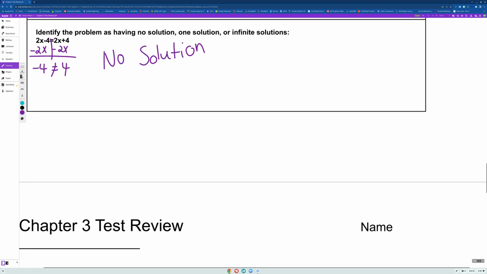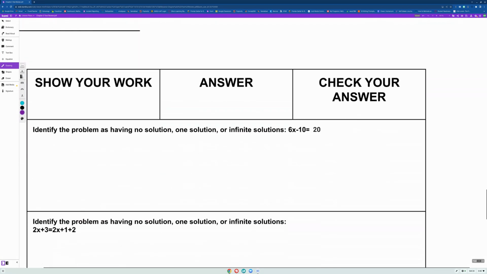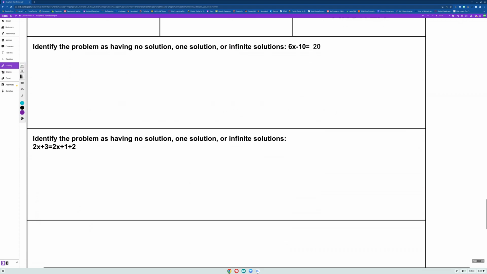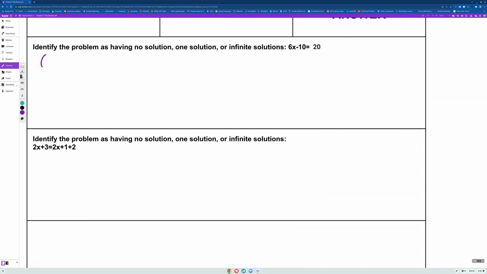All right, moving on. Identify the problem as having no solution, one solution, or infinite solutions. I'm given 6x minus 10 is equal to 20. So to do this, I'm going to go ahead and move my negative 10. And to do that, I'm going to add 10 on both sides.